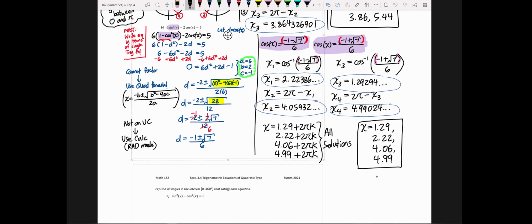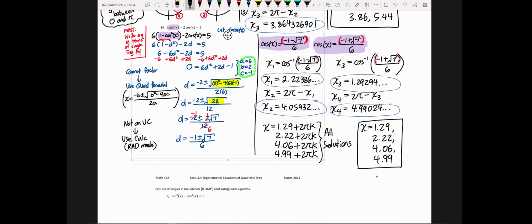The added step 4 we learned yesterday was, if your input is not x, then your added step 4 would be to isolate x. So we saw that in section 4.3.